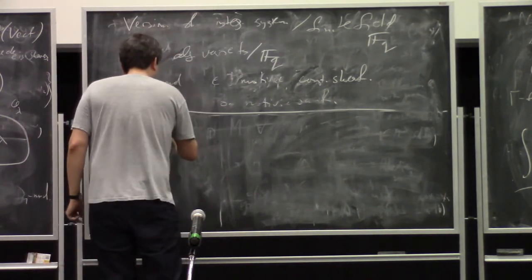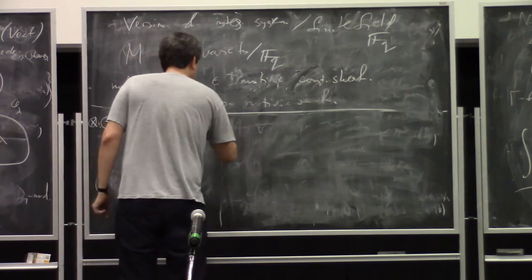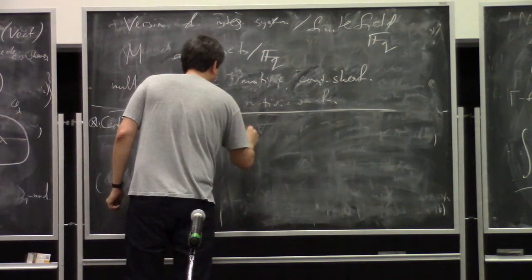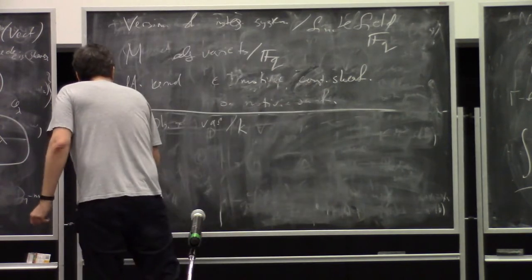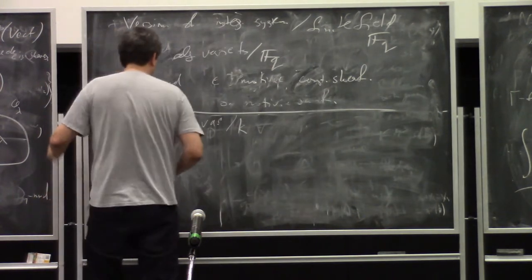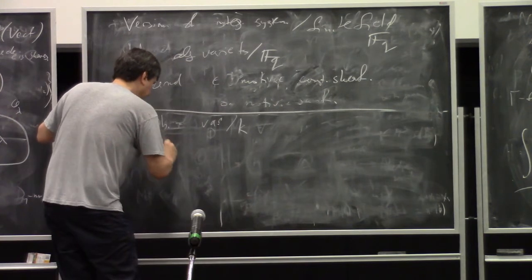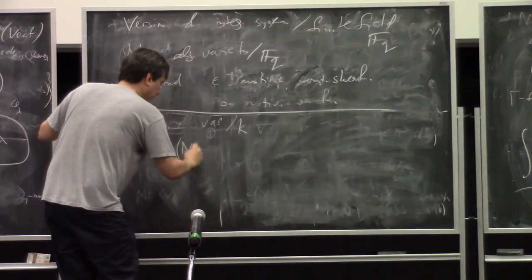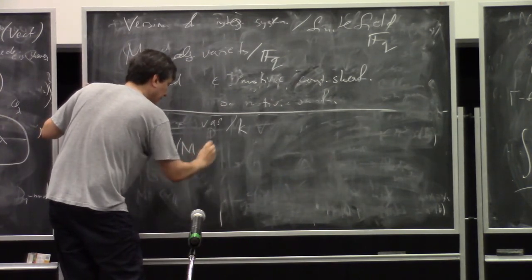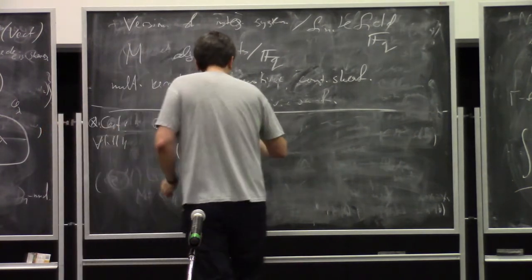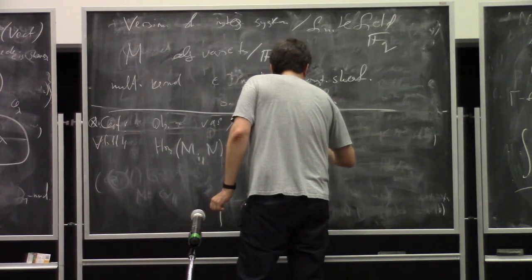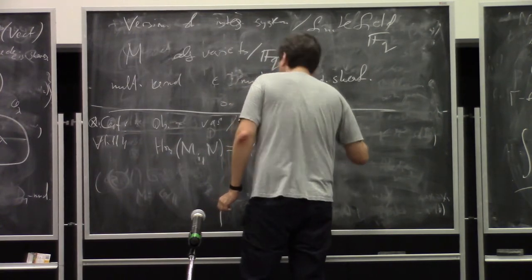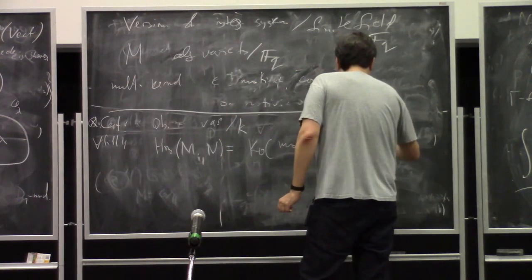Objects are varieties over any field K. Objects are varieties over field K, and Hom between one variety M1 and M2 will be K0 of the category of motivic sheaves on the product.